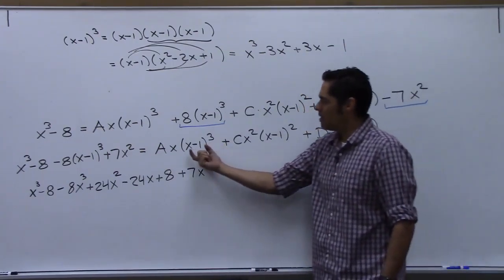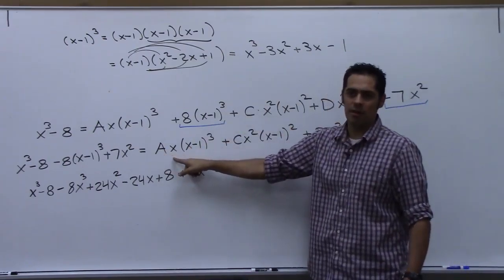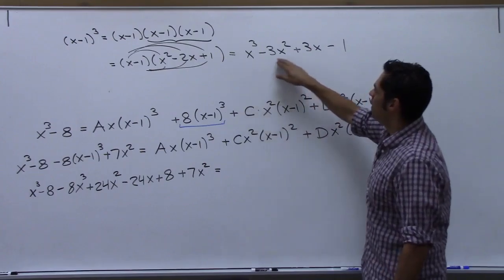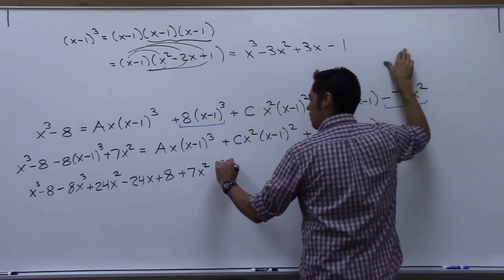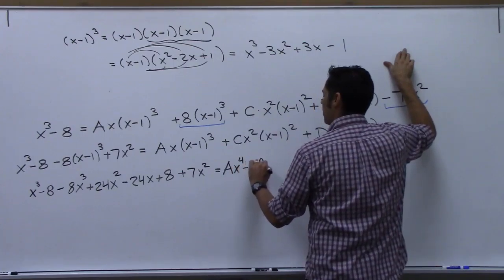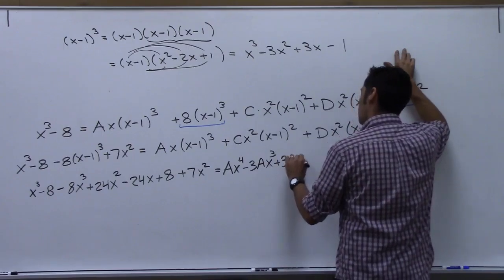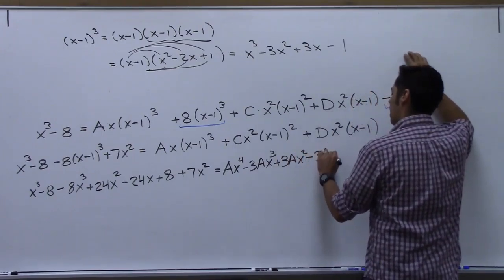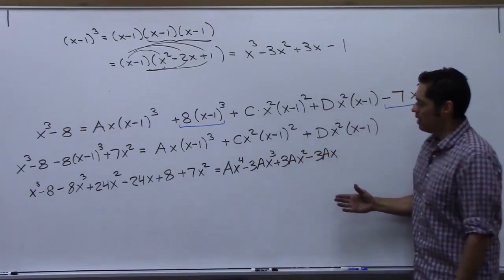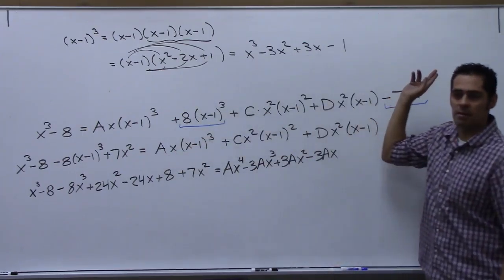I've got to do x minus 1 cubed again, which is this, but I've got to pass an ax through it. So if I multiply this by ax, I will get ax to the 4th minus 3ax cubed plus 3ax squared minus 3ax. Do you all agree? That's ax times this.